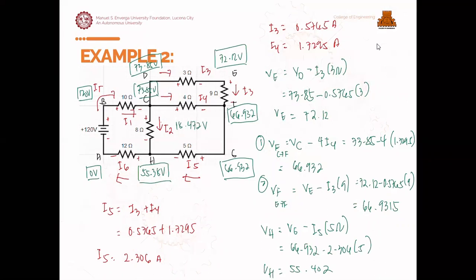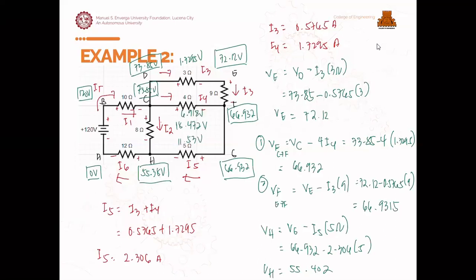Okay? So, kunin lang natin yung mga values sa power natin. Okay? So, lagay ko lang dito. Ito is 1.7295 voltage drop. Then, 4 times 1.7295. So, ito ay 6.918 volts. Dito is 2.306 times 5. This is 11.53 volts. Okay.